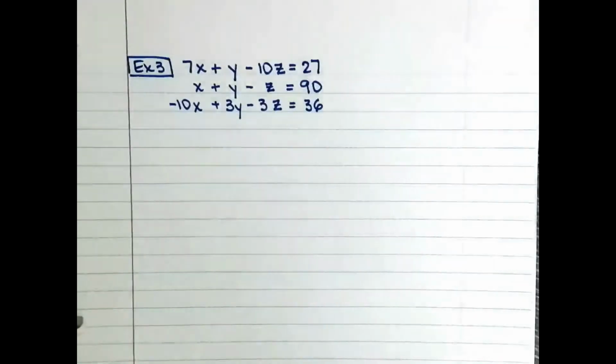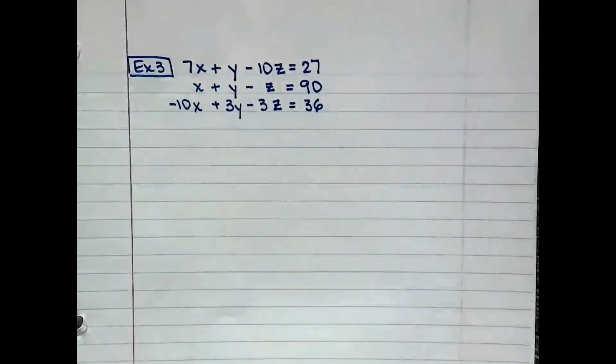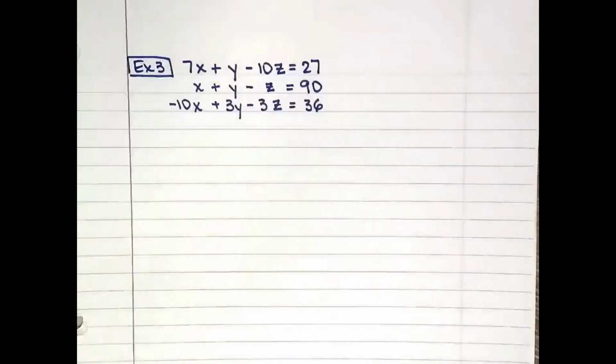If you want to take a break from the video, stop taking notes for a minute, work on your independent practice, you can go for it. If you think you want to keep going, I have one more example that is a little bit different than the others. But we're still doing the same idea.